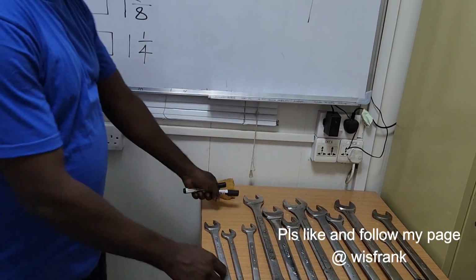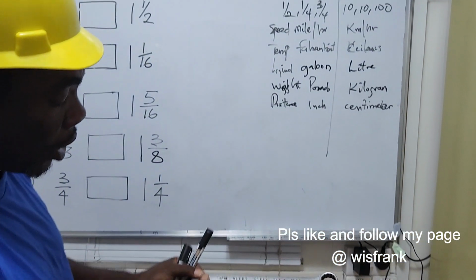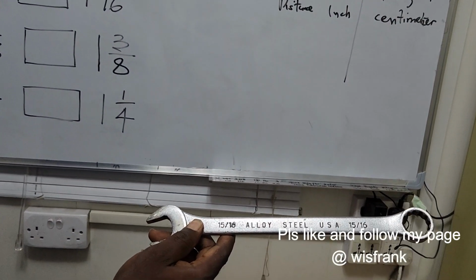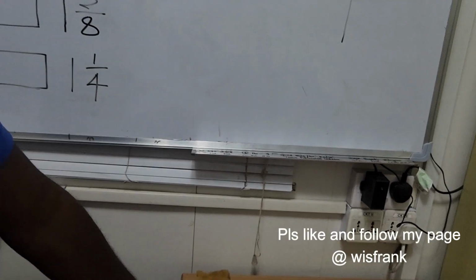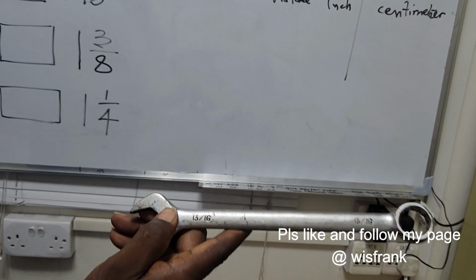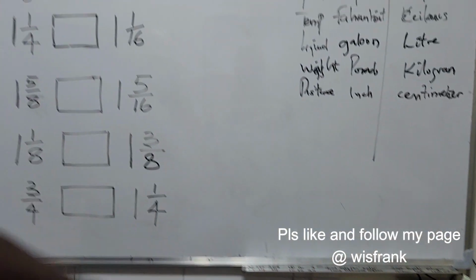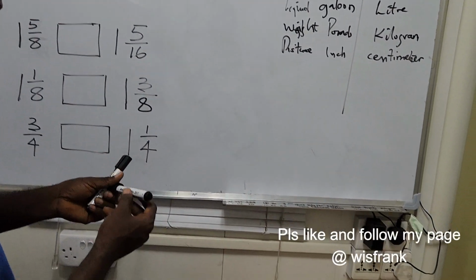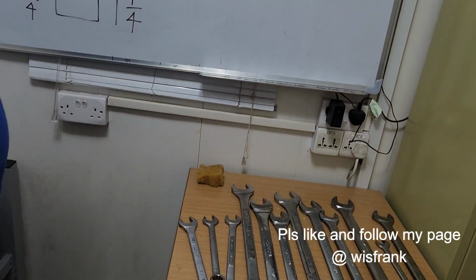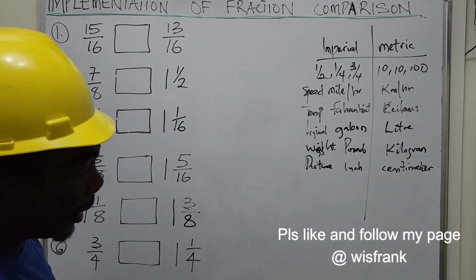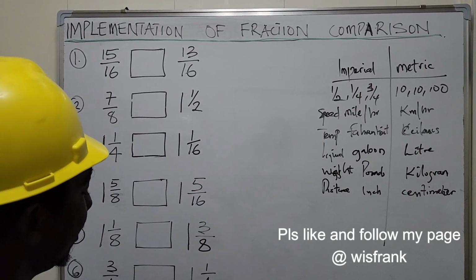For example, we have 5/16, which is here, and also 13/16, which is here. The rest of them are all here. So we are going to find out which of these fractions is greater than and which one is less than.